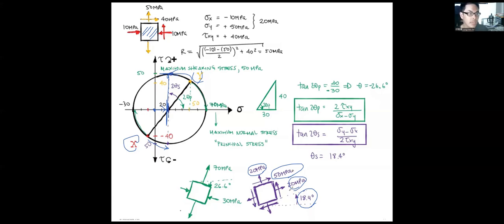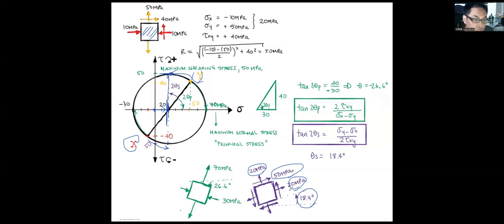Okay, so I'm going to make a connection to what you have learned in your materials science course. Do you still remember which plane is most likely for the slip process to occur?